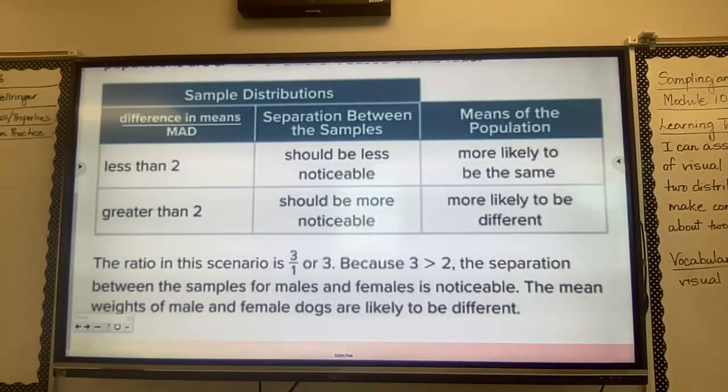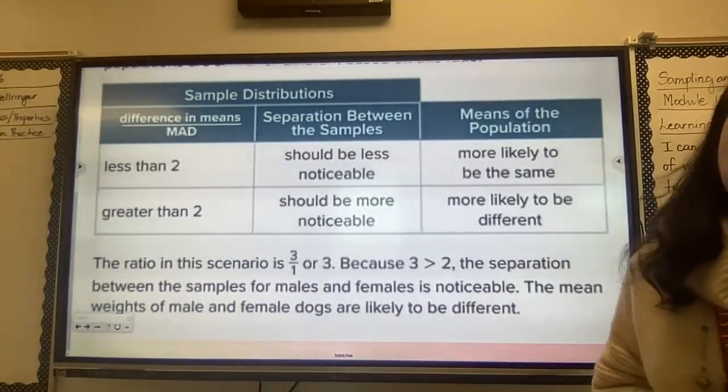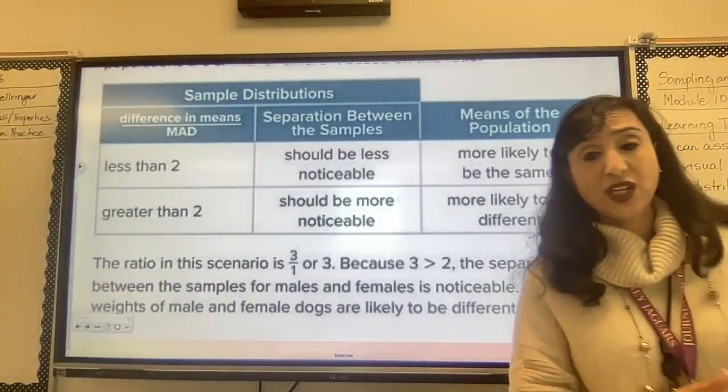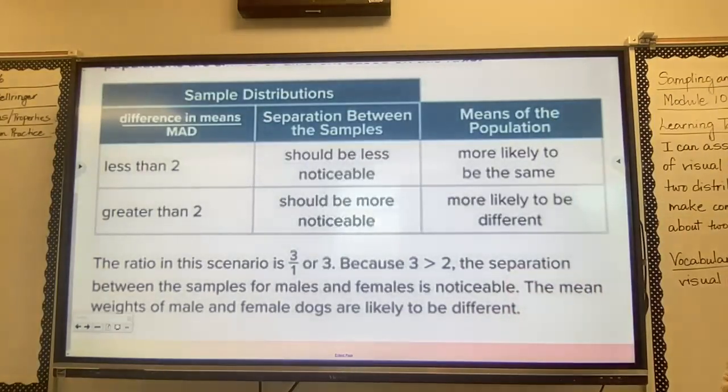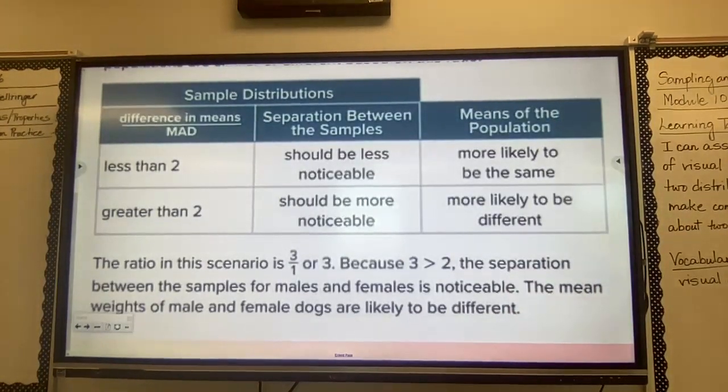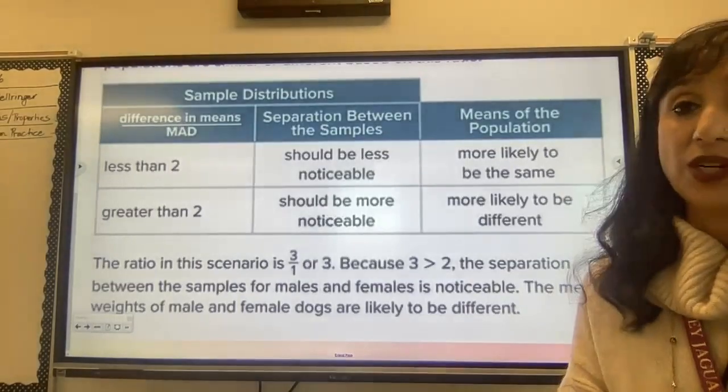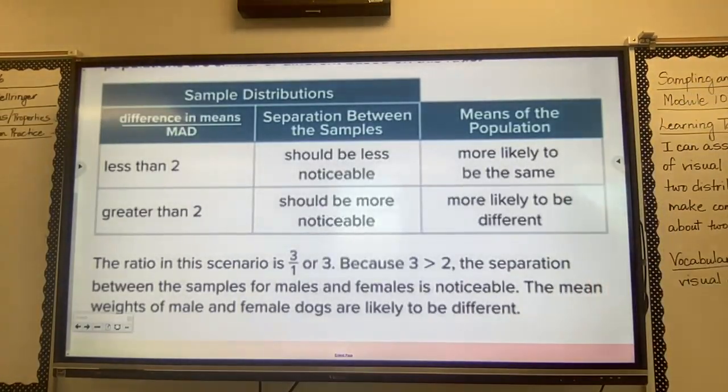Once again, let me discuss what I was just saying: the greater the ratio between the difference in means and the mean absolute deviation, the more different the means of the populations are going to be. So let's look at the sample distribution.